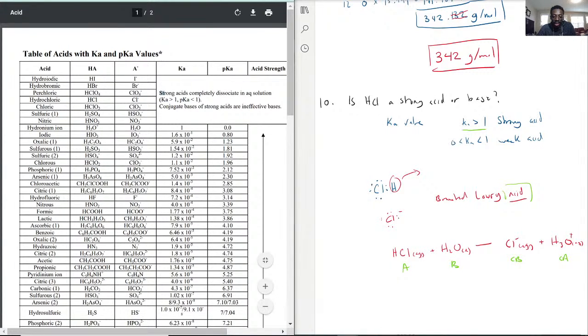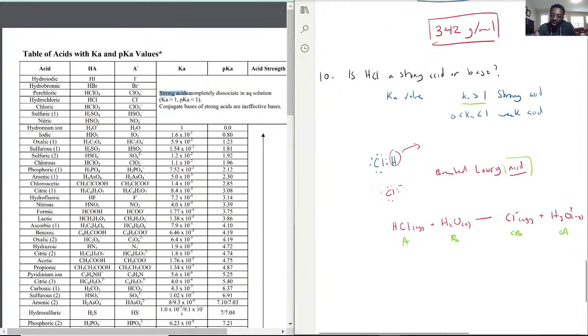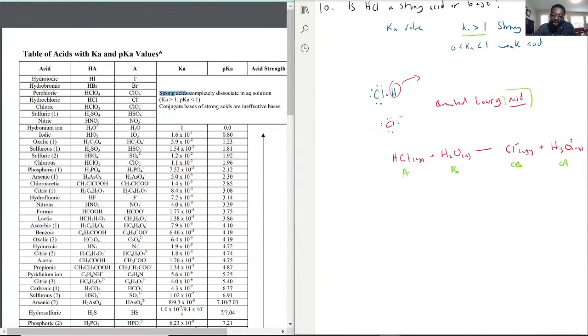It even says here that strong acids completely dissociate and have a Ka greater than 1. So since we know it's working as an acid and its Ka value is greater than 1, hydrochloric acid is a strong acid.